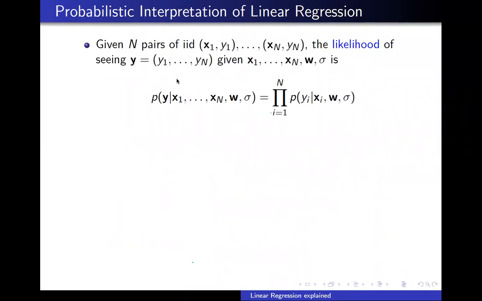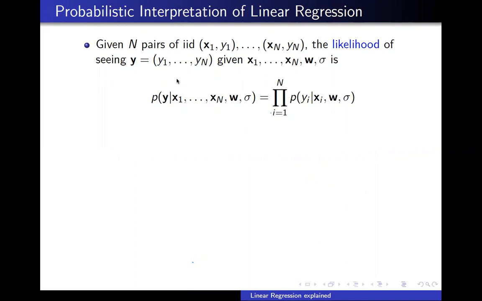Now, if you are given n pairs of input-output data in your training set, x1, y1, x2, y2, all the way up to xn, yn, we can try to find the likelihood of seeing the different output levels given the actual data points along with a particular coefficient vector w and sigma.